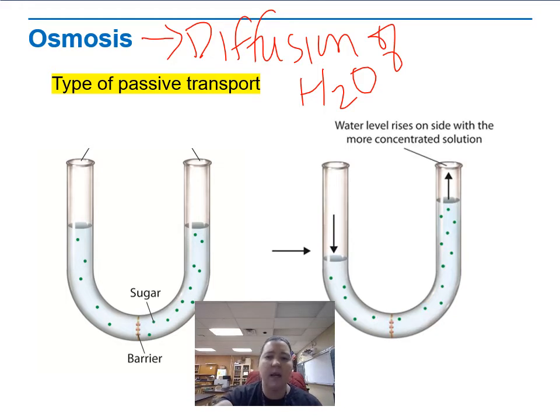We have a higher concentration of water over here, a lower concentration of water over here. Over the course of time, the water actually moves to the other side of the tube. Once again, it's diffusion. It's going from a high concentration to a low concentration. In this case, we're just talking about the movement of water. So going from high to low.